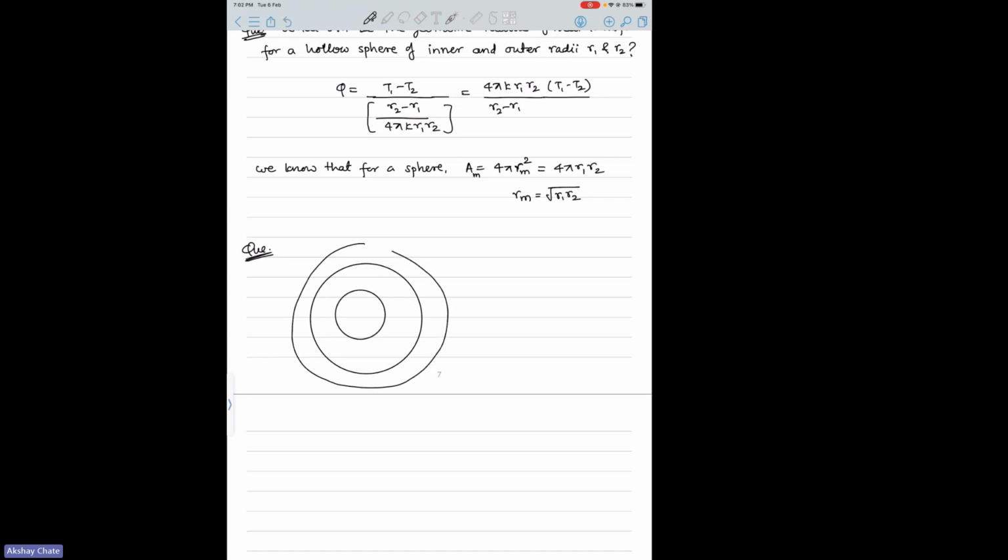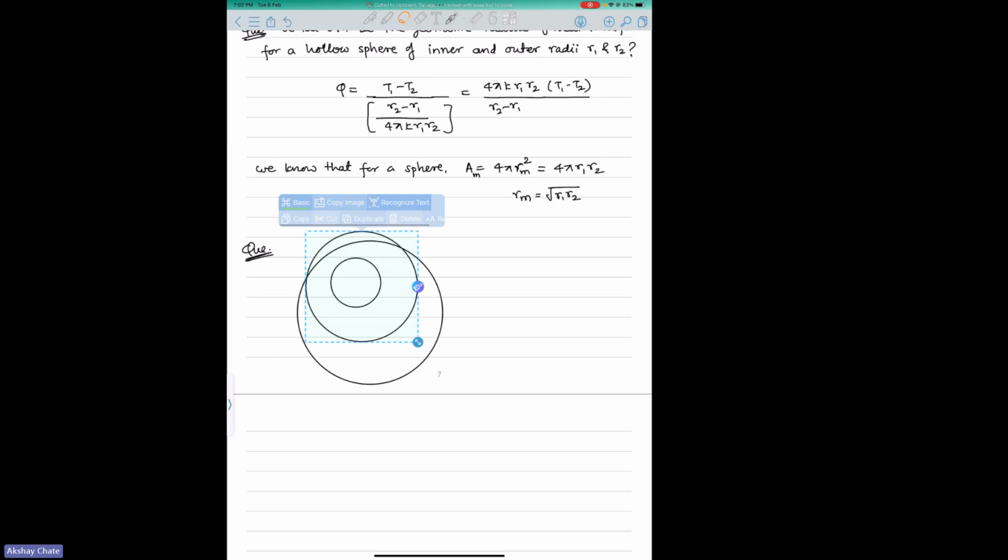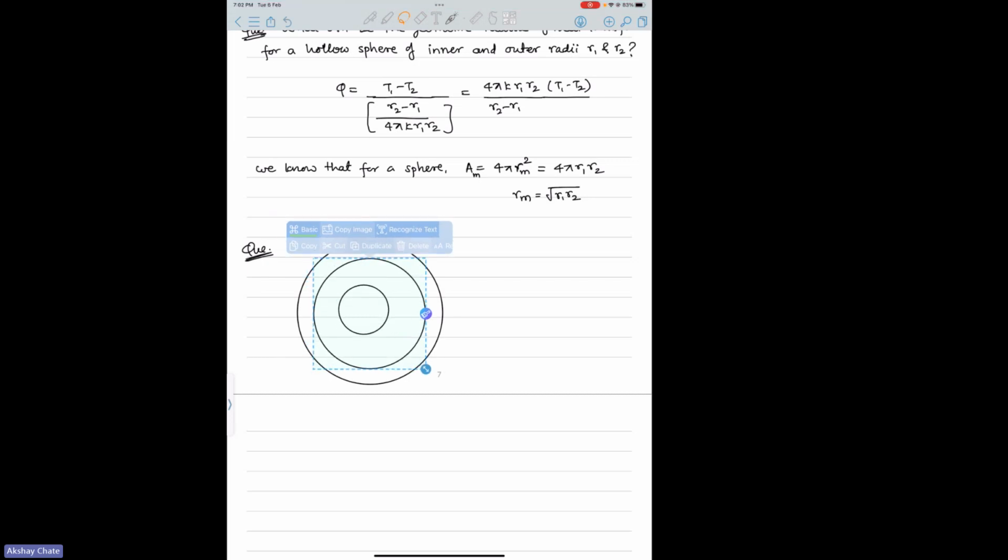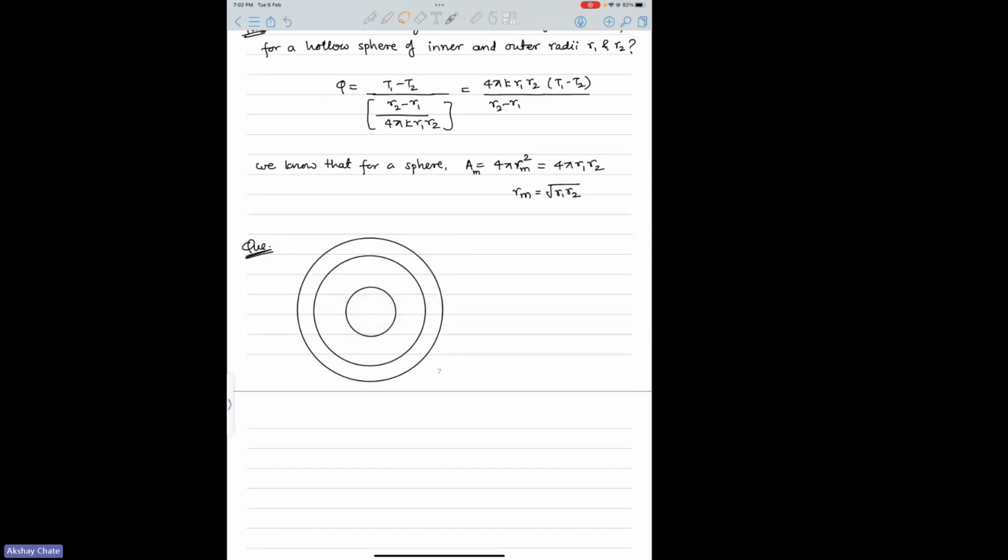This drawing of concentric circles is a challenge. Anyway, so it's a composite spherical cavity, and there are two layers.